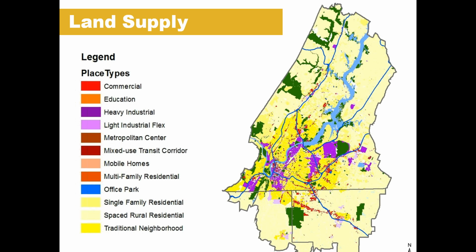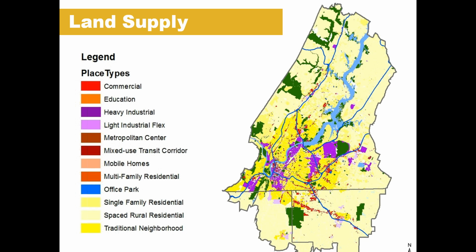So then, once we had an idea of what land was available for development, we started looking at the capacity of the land. And how we did that was with these things called place types, which are just generic land uses, or what's actually on the ground itself. That provides kind of the DNA for thinking about the capacity of the land, because within the place types, it has information about the density, how many people can be there, how many jobs can be there, based on the type of place that it is.